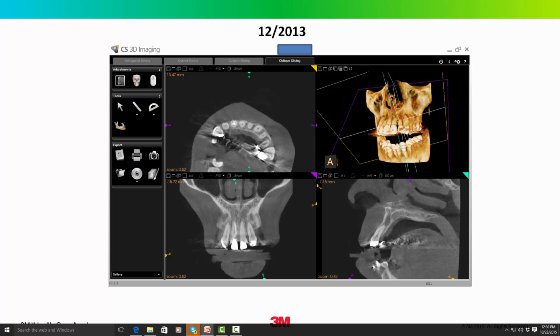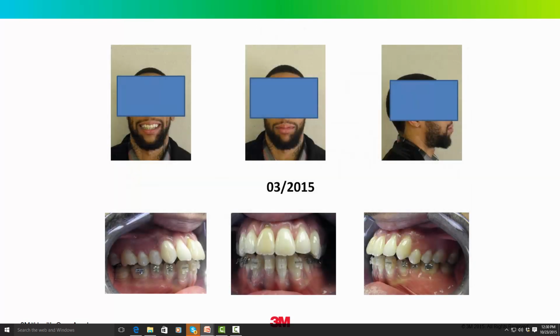And we continued to finish up his lower arch. Well, we put a rectangular torquing wire in the upper arch because we were going through the wire sequence. And this is what he looked like a little over a year later. We got everything aligned, and the torque certainly looks better on the upper incisors. Look at the tissue there.